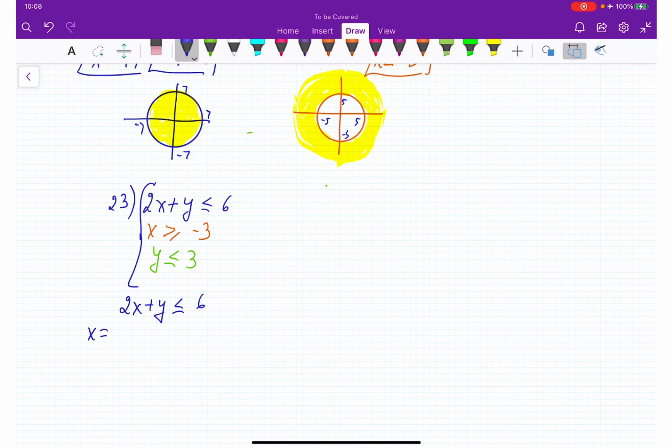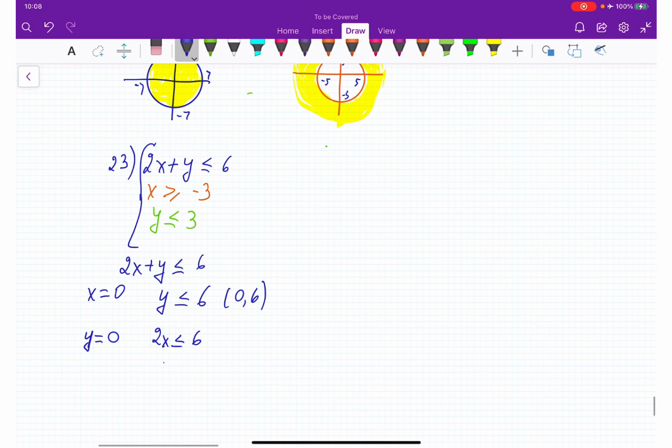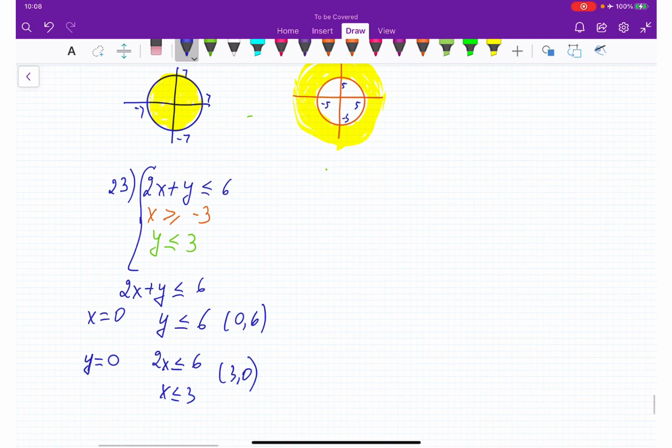So when x is equal to 0, y is 6, right? So the first coordinate is 0 and 6. And when y is equal to 0, we get 2x is equal to 6, x is 3. So we get 3 and 0. That's all we need.